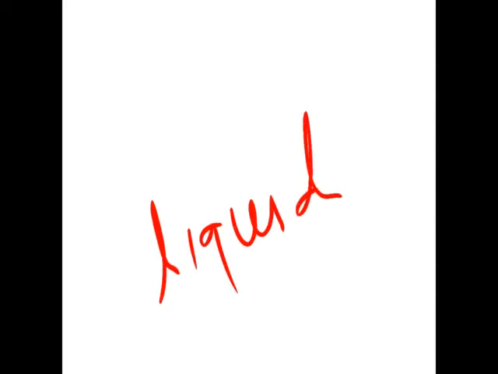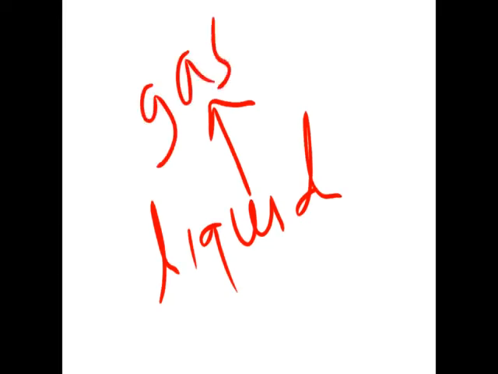Suppose this is the liquid sample; we enter it into the instrument and it is converted into gaseous particles. This can be done with the help of an atomizer.